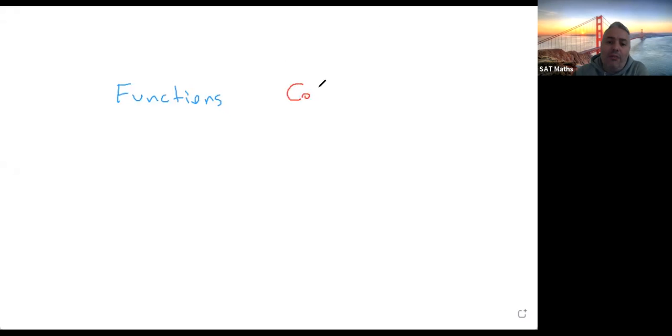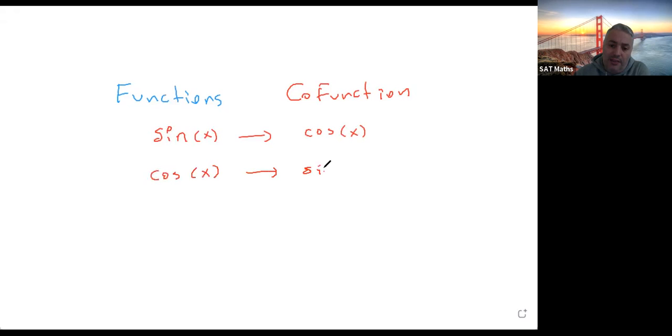Functions and cofunctions. What does it mean? If you have the function sine of x, we have to know that its cofunction is cosine of x. If you have cosine of x, its cofunction is sine of x.